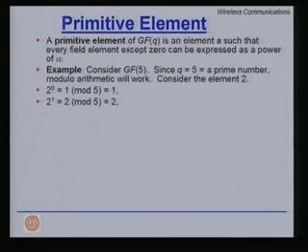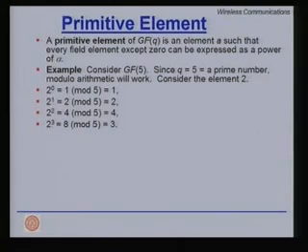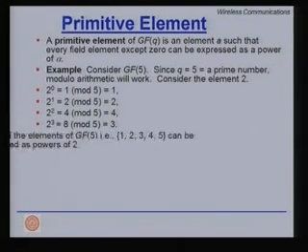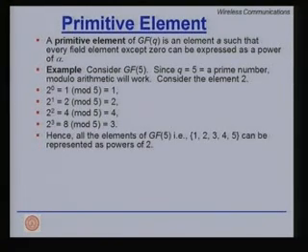Then we have 2 raised to the power 0 is 1, but you have to take everything modulo 5. So, it is 1, 2 raised to the power 1 comes out to be 2, 2 squared is 4, 2 cubed is 3. Hence, all the elements of GF(5), 1, 2, 3, 4 (5 is not an element), can be represented as powers of 2, as you can see, except 0.